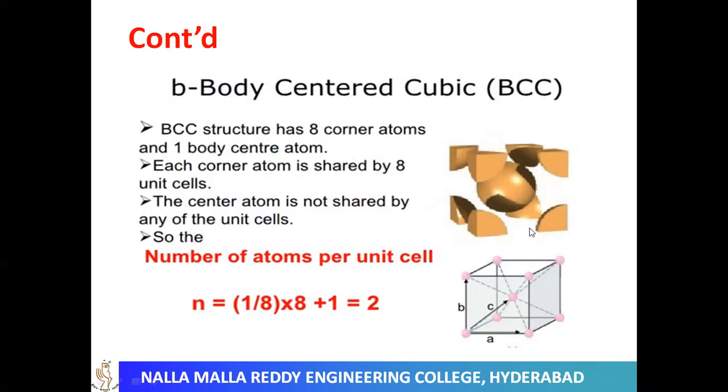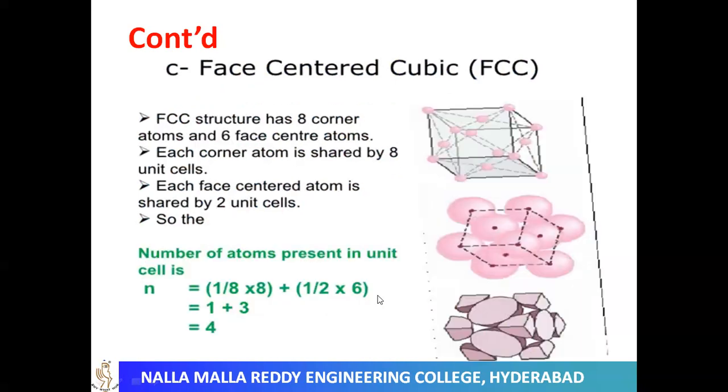So the total number of atoms will be 2. Now, the face-centered unit cell: in FCC, the atoms are present at the corners with 1/8 contribution, and at the center of each face.